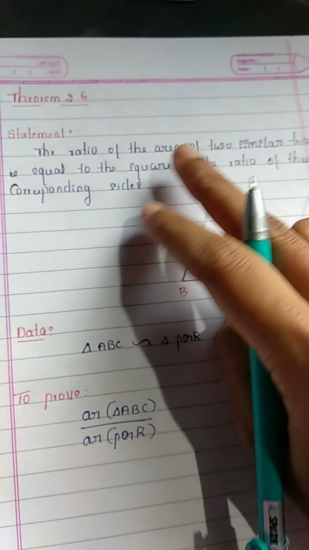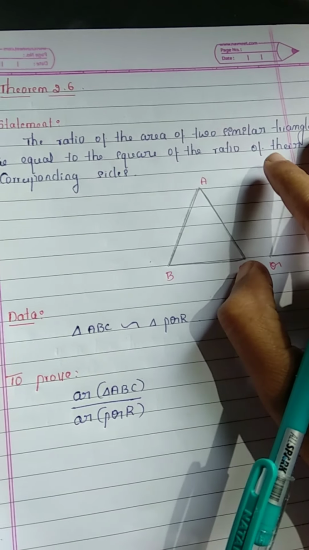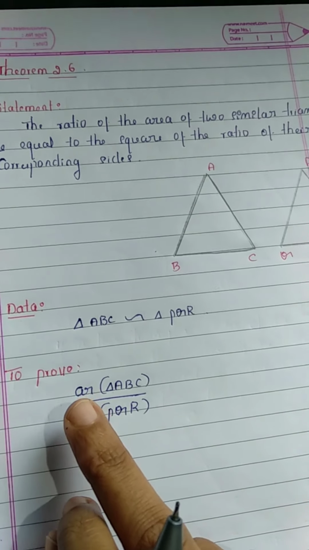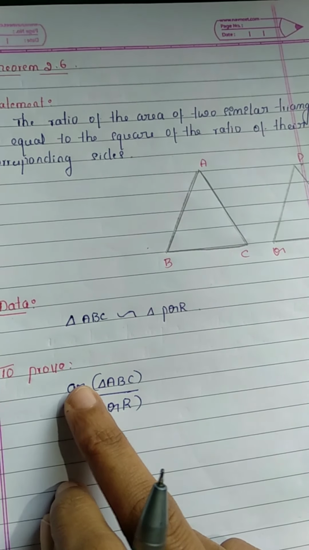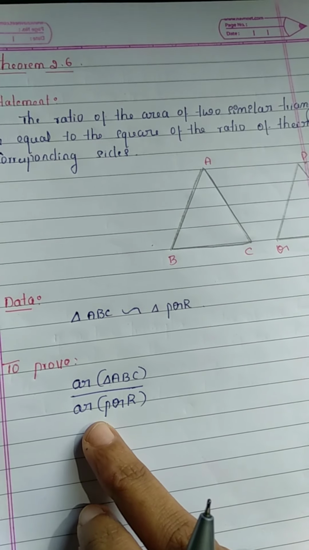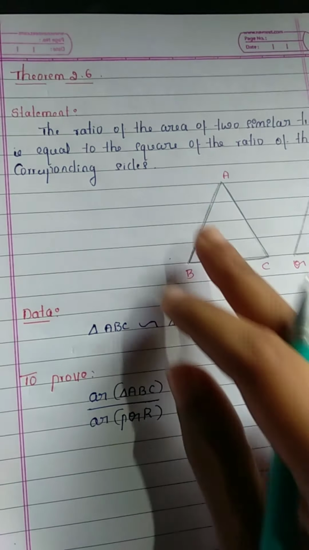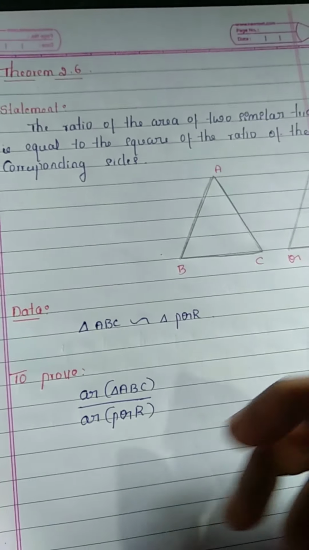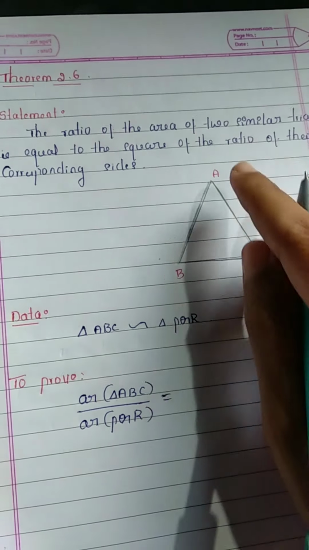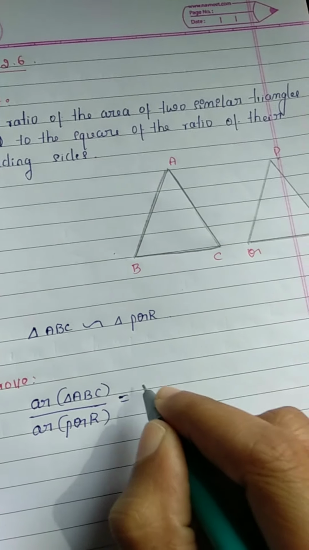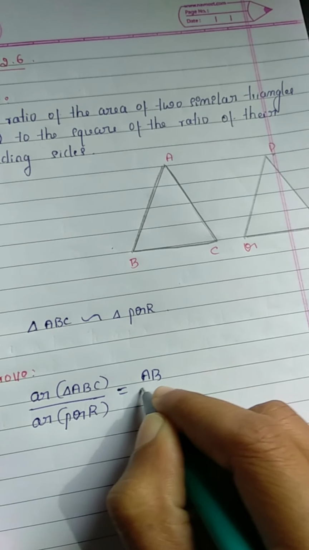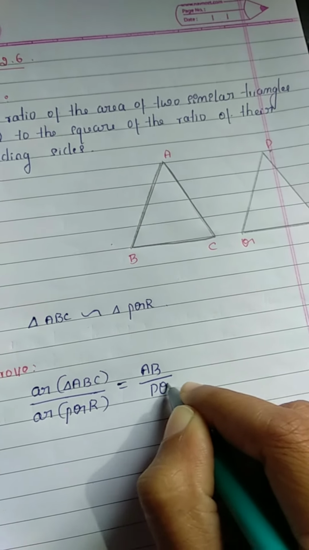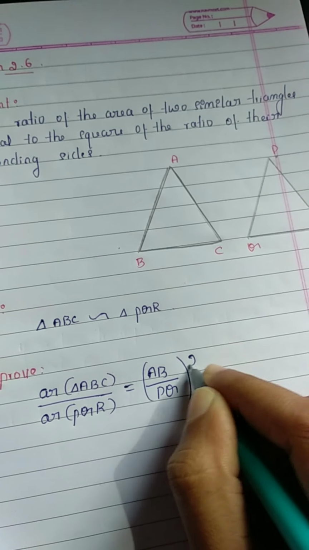So, to prove the ratio of the area of two similar triangles: area of triangle ABC by area of triangle PQR is equal to the square of the ratio of their corresponding sides. For a side AB, the corresponding side is PQ, so whole square.